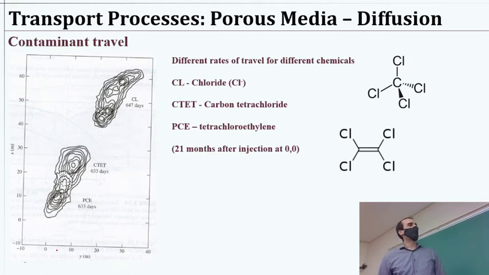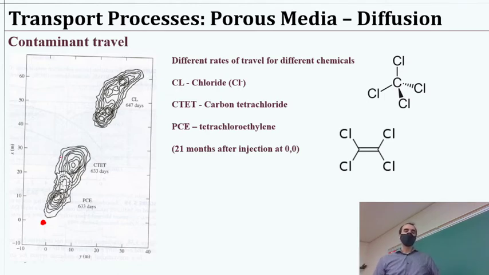So in this case, we have 3 different contaminants that were released at the same spot, and after some number of days, I think those 21 months, so we had a contamination input right there at 0, 0, and 21 months later, these were measured to see, okay, how much contamination are in these areas.